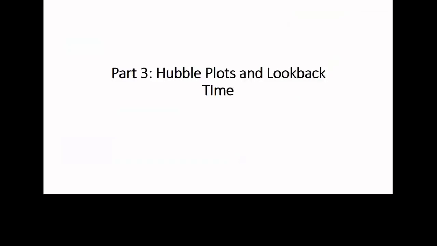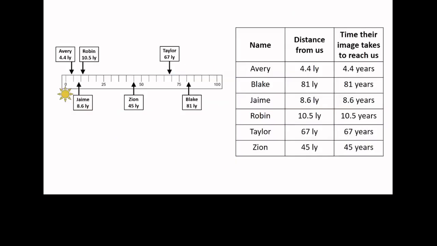Part 3 combines some of the activity we did in lab 11 with the activity that we did in lab 12. So first, as a refresher, lab 11 involved a scenario where we imagined 6 friends who all take a picture on their 18th birthday and immediately send it to the Milky Way, but they live different distances from our solar system, so it takes different amounts of time for their pictures to reach us.